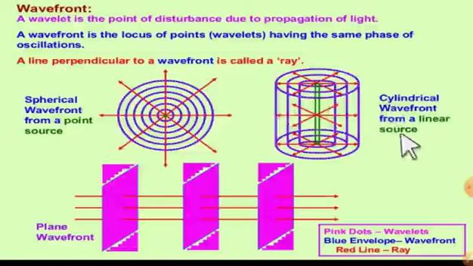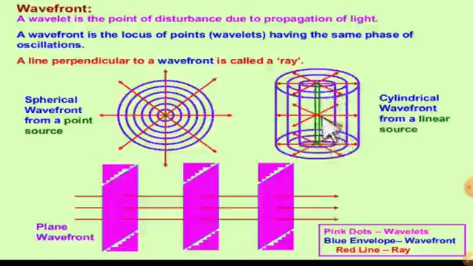For such a cylindrical wavefront, we need to take a linear source like your tube light. Linear means it is longitudinal, more in length than its diameter. From this cylindrical-shaped, or linear, source, light waves will be emitting in all directions from every point of the source.